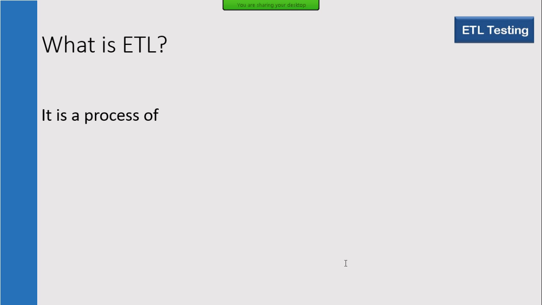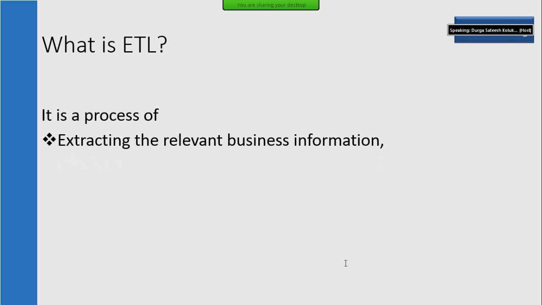Now we were talking about a warehouse, but what exactly is helping us get this data into your warehouse? It is the process called ETL. ETL is a process within your data warehouse. So what exactly is ETL doing? It is extracting the data from different sources. It's not the same sources, it can be heterogeneous sources.